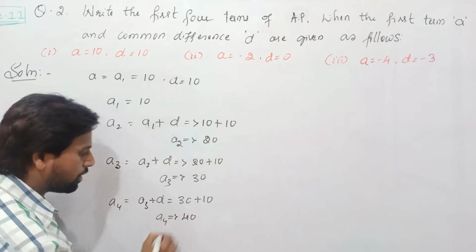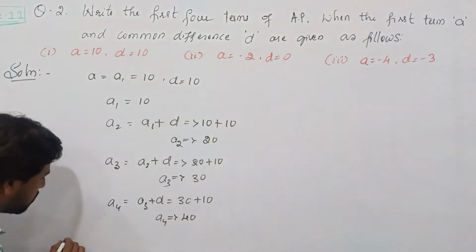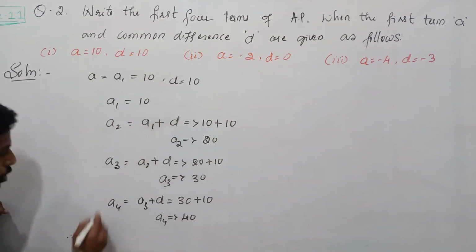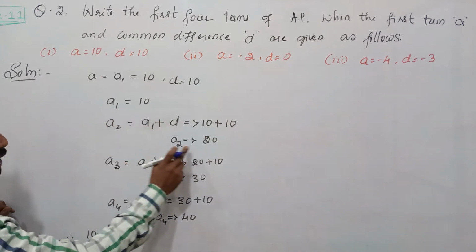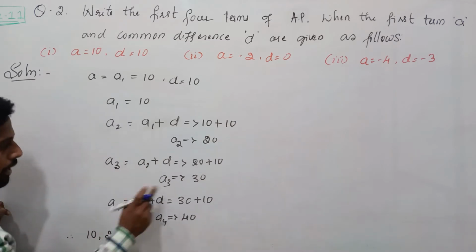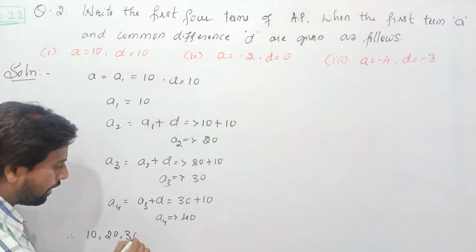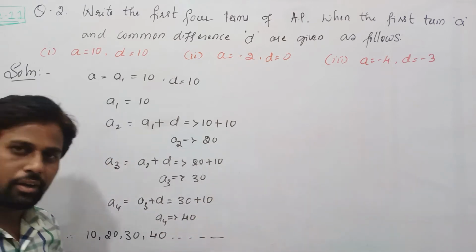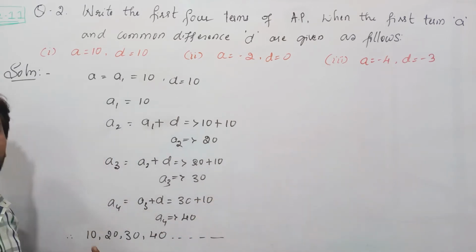So that is A4. In this way, A1 is 10, A2 is 20, A3 is 30 and A4 is 40. Like that we can find many terms in a given AP. So this is your answer.